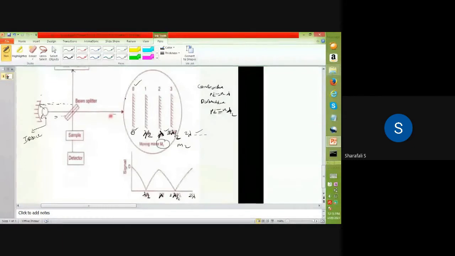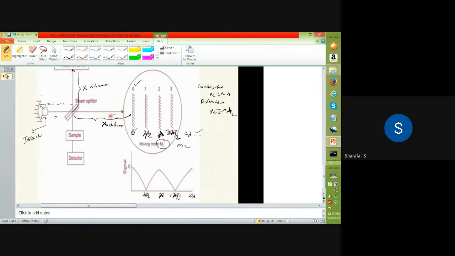This is not at the same distance in the figure, but let's say these two are at the same x distance from the center of the figure.